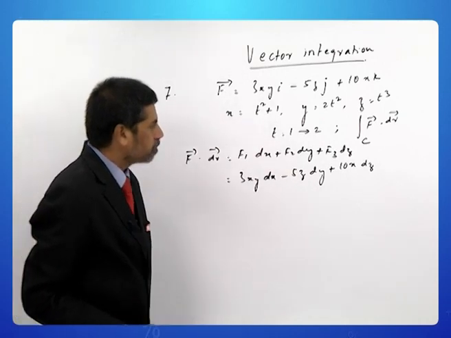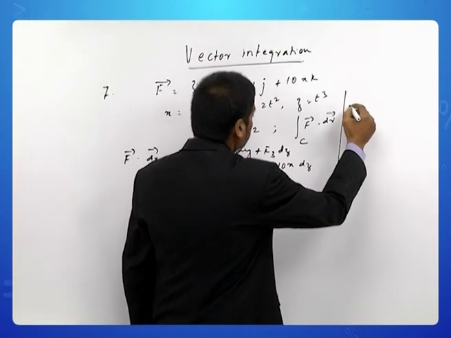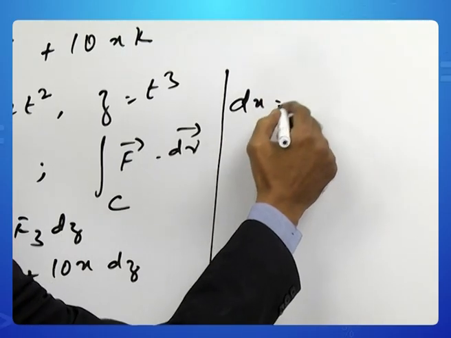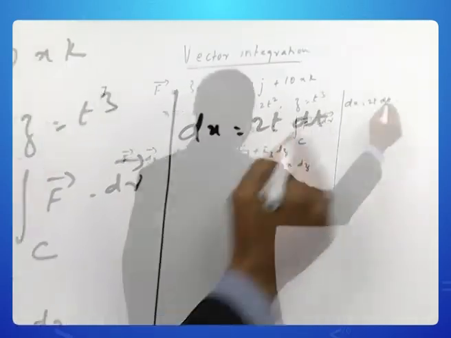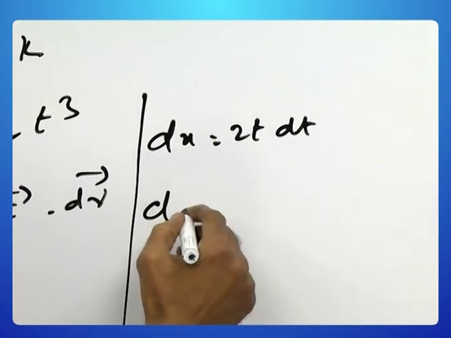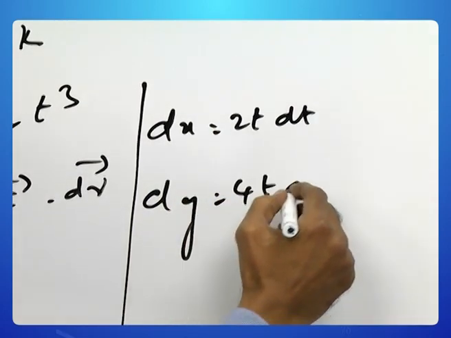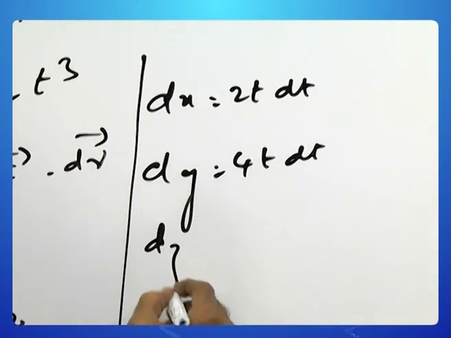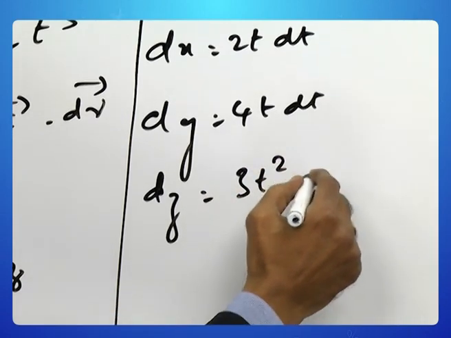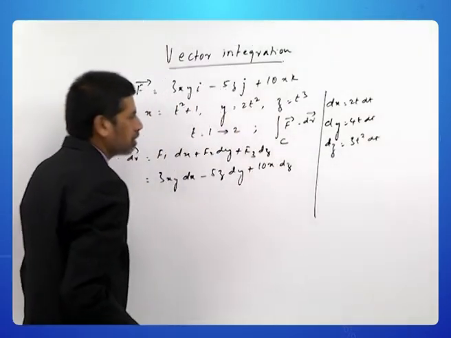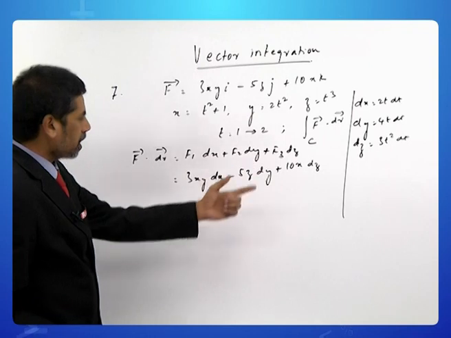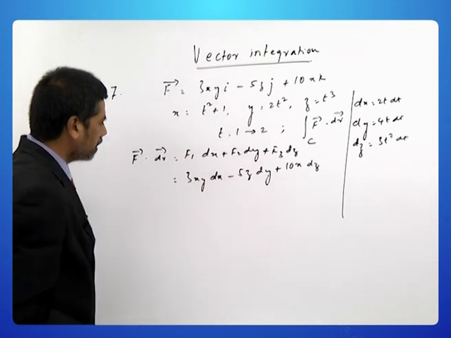So, the information available is x is equal to t squared plus 1 implies dx is 2t dt, dy is 4t dt and dz is 3t squared dt. So, introduce that into this along with x, y and z.